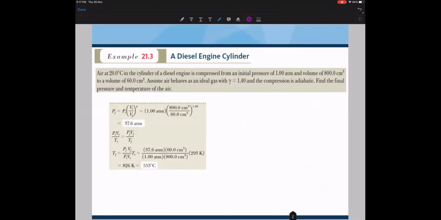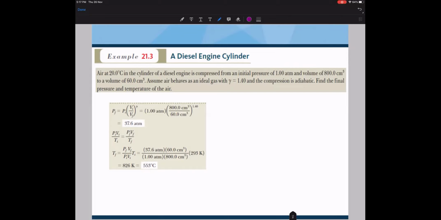Here, you have the adiabatic process for changing a gas at a temperature of 20 degrees C from an initial pressure of 1 atmosphere and volume 800 cm cube to a volume of 60 cm cube.